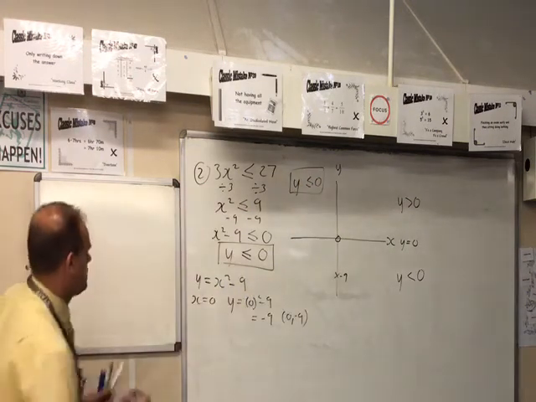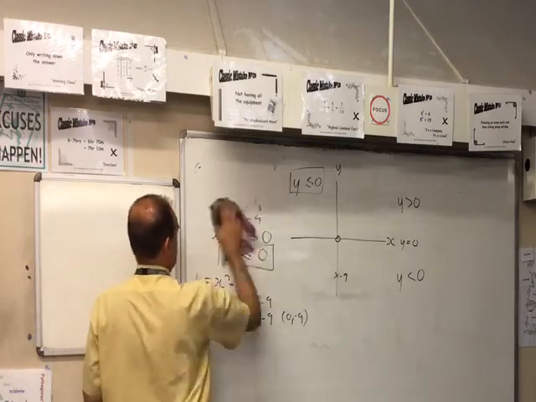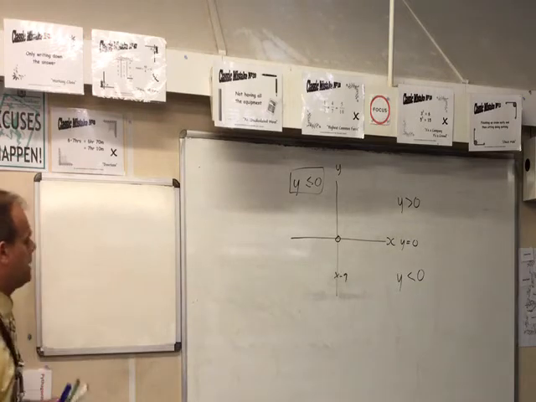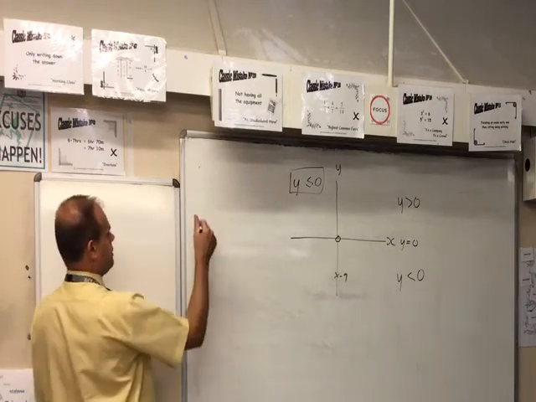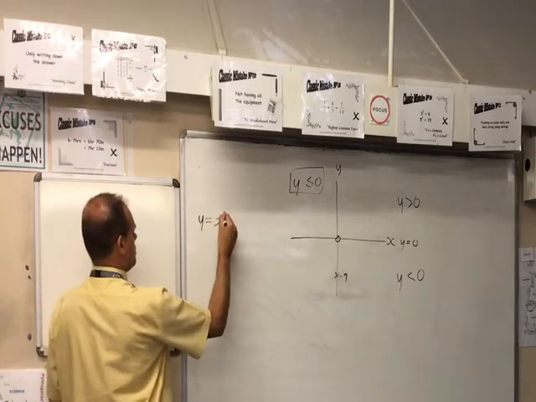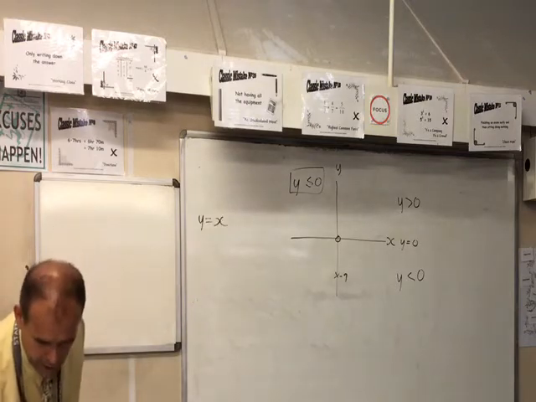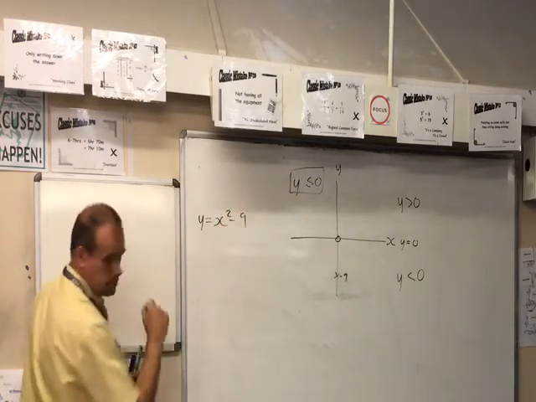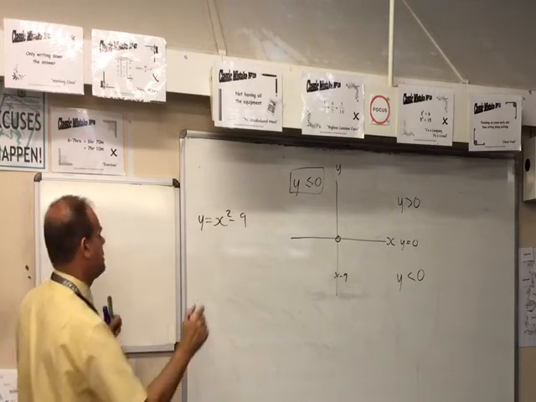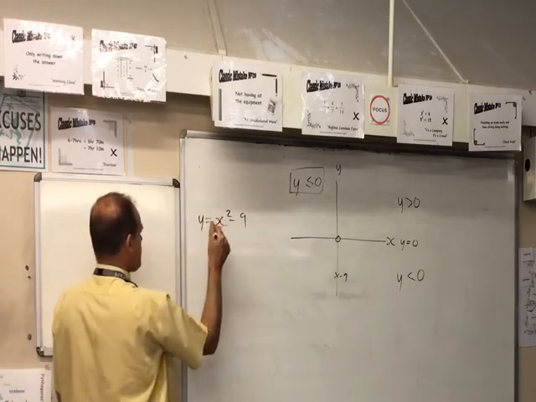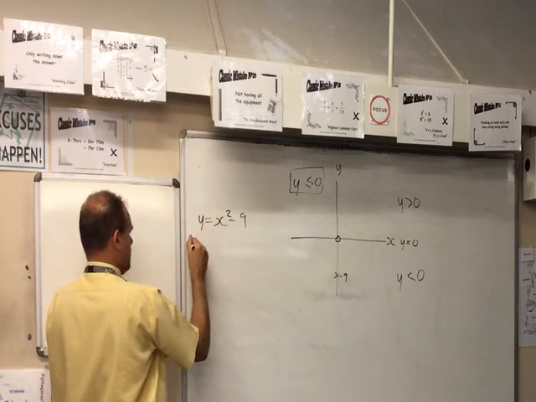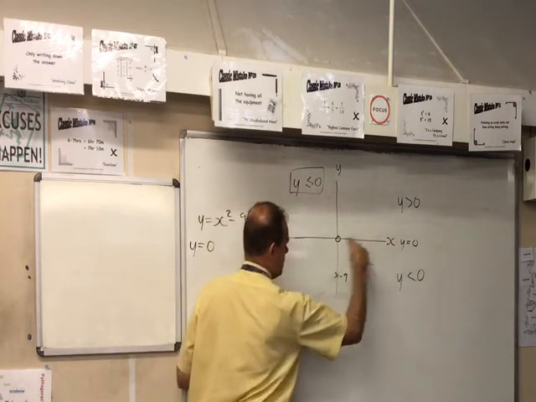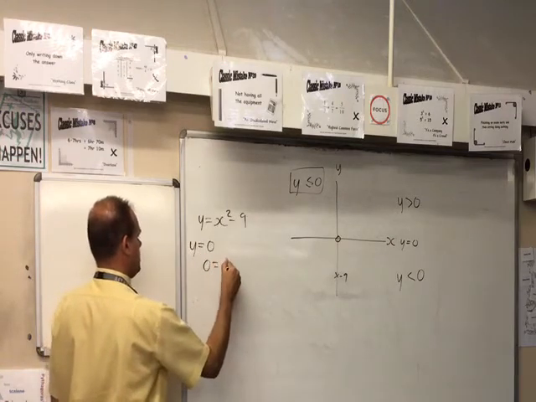Just rub this bit out here again. Also, we need the x-intercept, which I called roots or critical values on the previous example. So you've got y equals x squared minus 9, which is the graph I was sketching there. Just check that's right, yes it is. Obviously you want the x-intercept, so you put y equals 0, because along here y is 0, so you set that equal to 0.